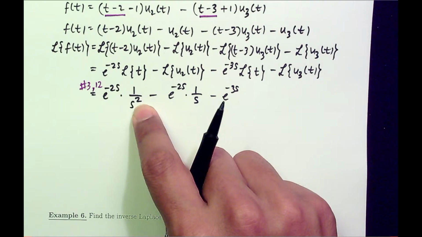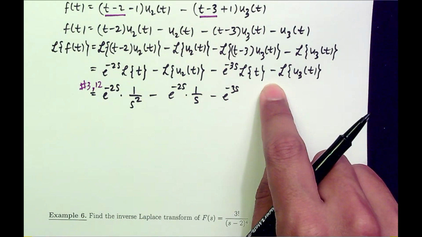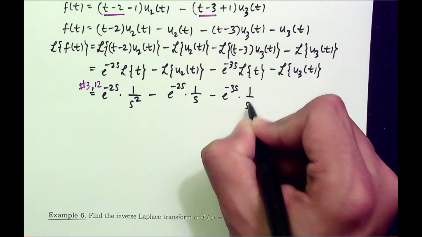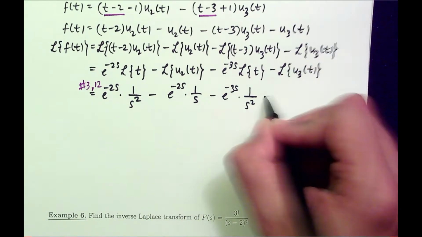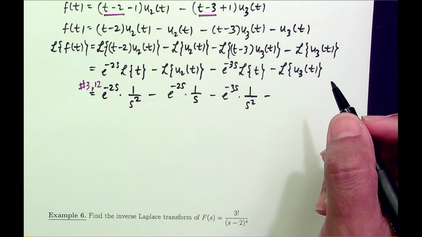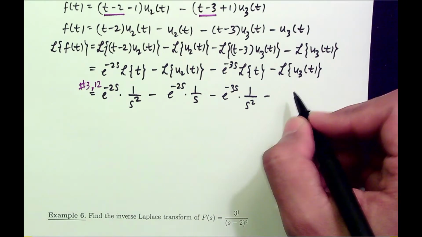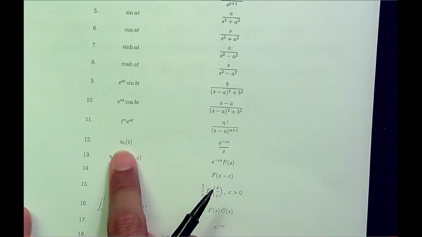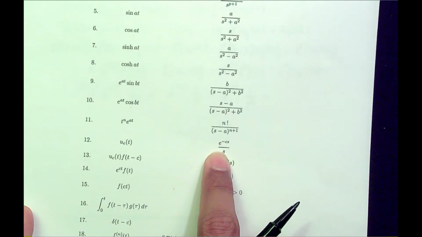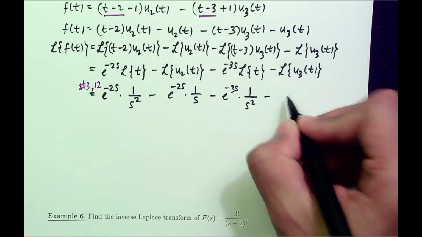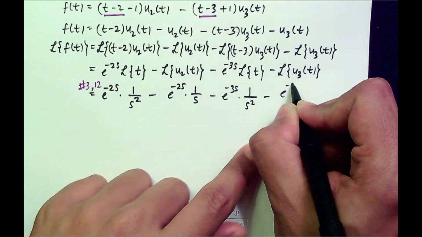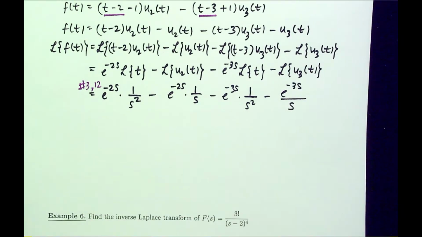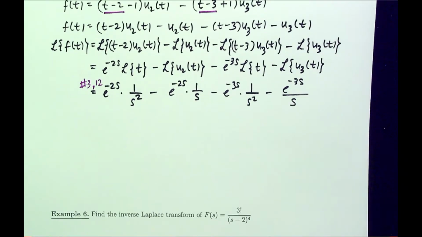This one stays the same because this is the Laplace transform of t, so that is still 1 over s squared, minus the Laplace transform of that one, u3, which is e to the minus 3s over s. Okay, and that is the answer.